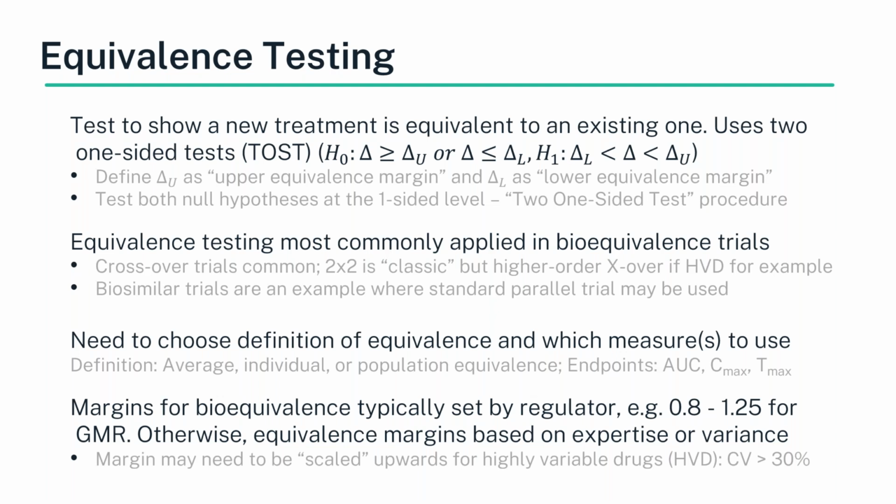Now, biosimilar trials are an example where a standard parallel trial might be used. Per the EMA, biosimilars aren't the same as generic medicines. A biosimilar is a version of an off-patent biological medicine.